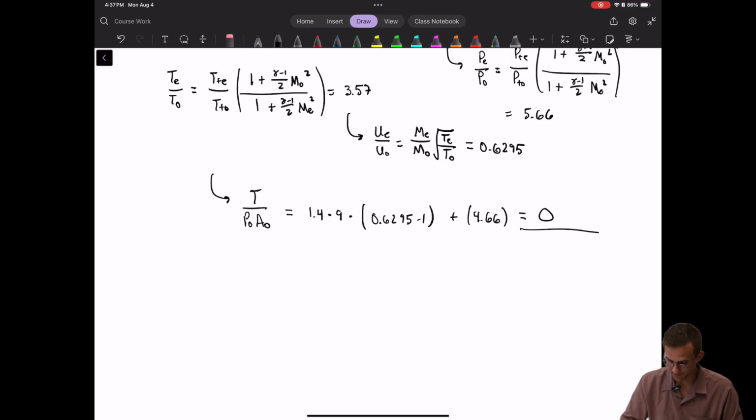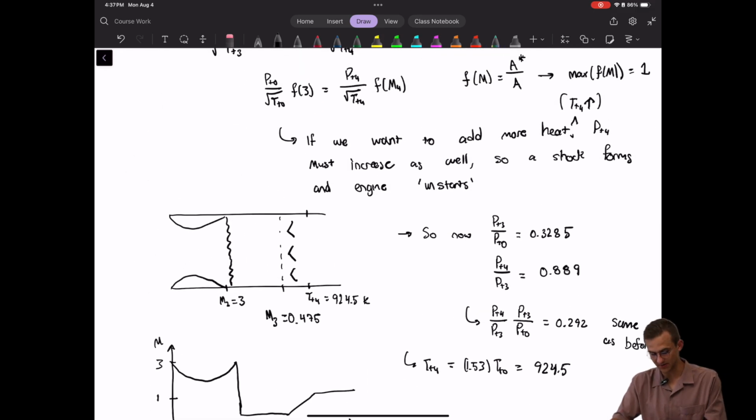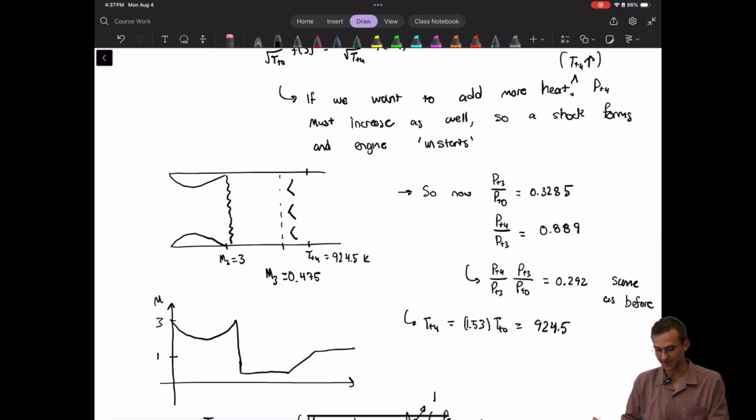Okay, so as we wanted to add more heat, what was happening is we were creating this shock, right? The shock was occurring at the exit of the diffuser or the inlet, and that was causing a very strong shock from Mach equal 3 down to 1. But ideally, we would want that shock to happen with a lower upstream Mach number, right?